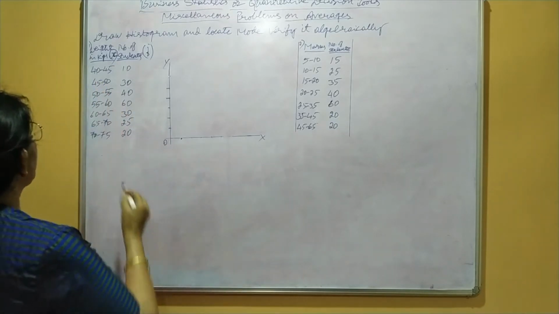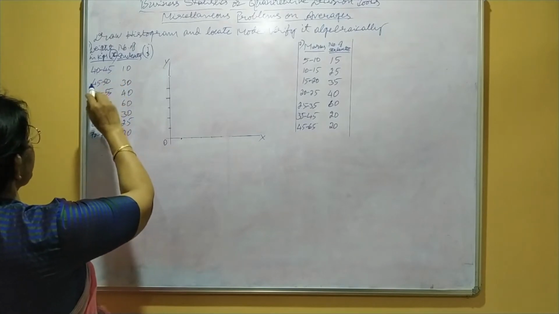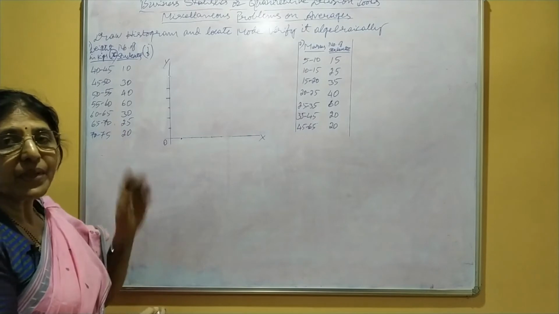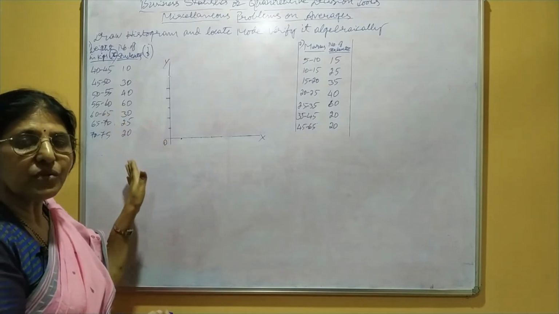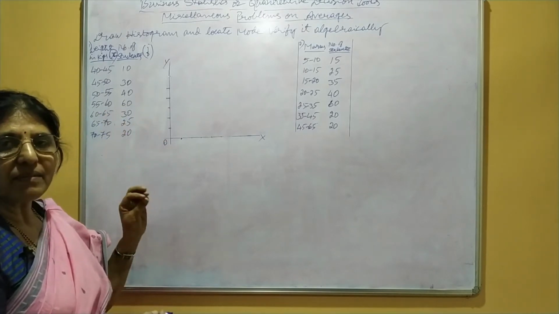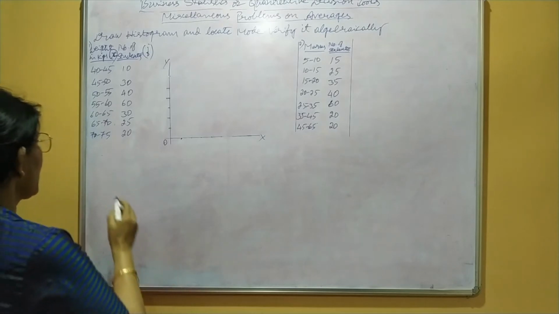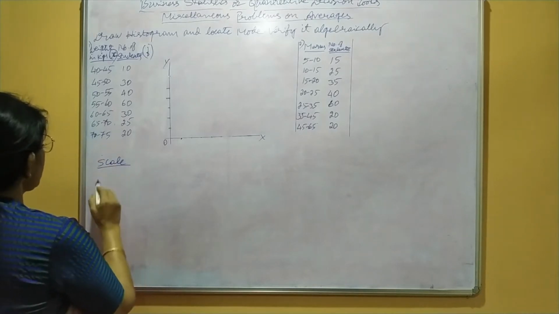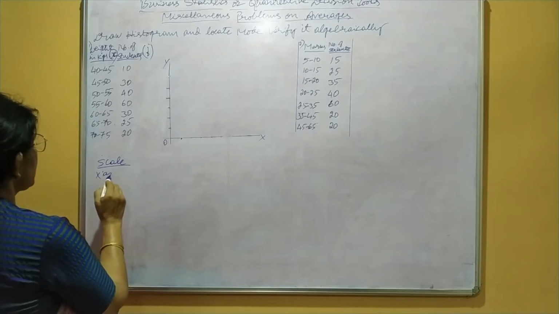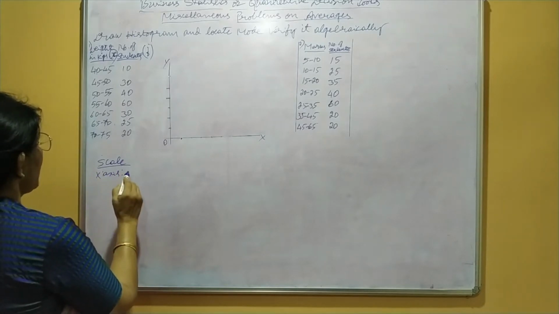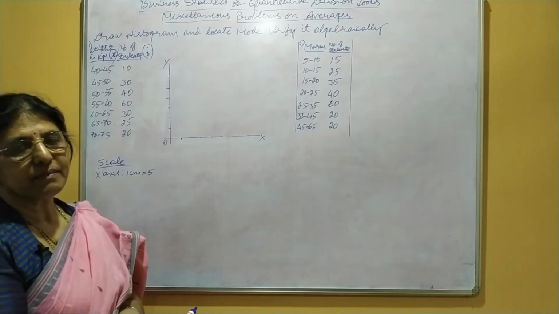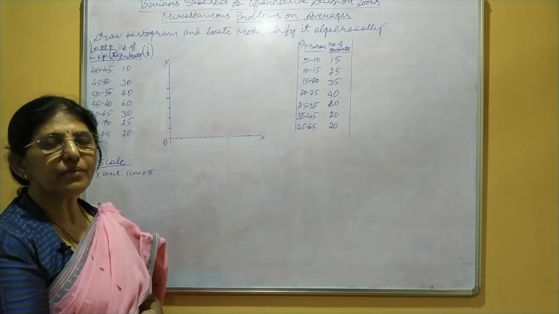In this problem, 40 to 45, 45 to 50, 65 to 70, 70 to 75, from first class to last class the interval is 5, that is common class interval. Therefore, for x-axis, we may take the scale as 1 centimeter equals 5, that is size or magnitude of class interval.